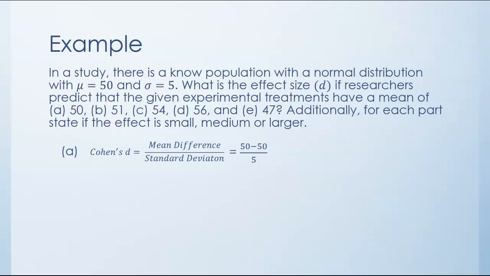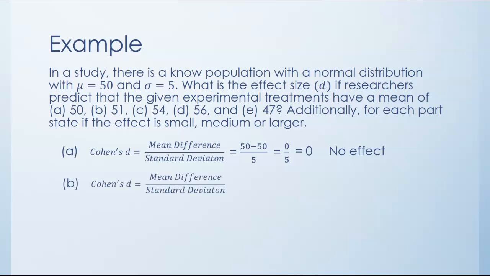So for the first one, for A, we would have 50 minus 50 divided by 5. So this would end up being, there was no effect. Remember, if I have a 0, that means that there wasn't any effect, which probably means that if I were actually to run my statistical analysis on this, I would tell you off the bat that I would not reject the null hypothesis because there's no difference between these two groups.